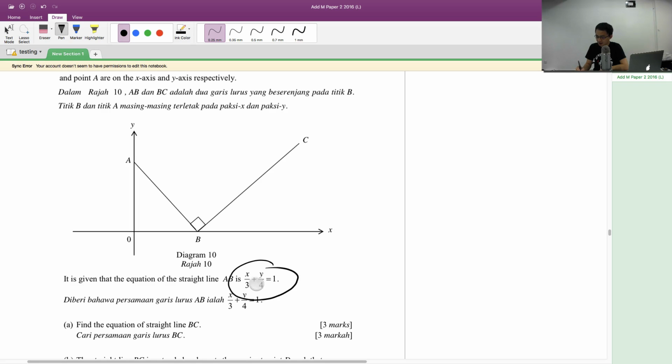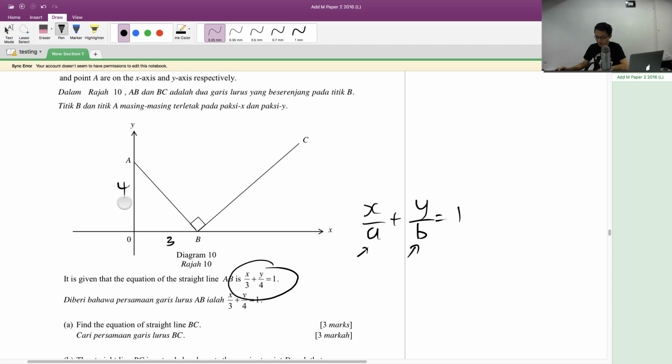So this intercept form actually tells us that whatever value is below the x is the x-intercept. Alright, whatever value is below the y means the y-intercept. So in this case, x-intercept is 3. So that means I know here is 3. And this one will be 4.